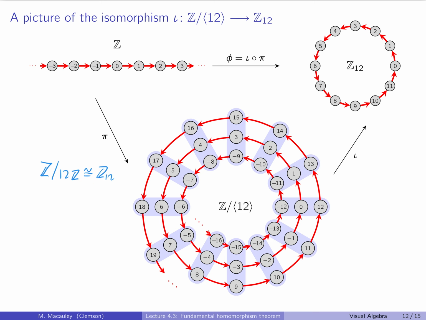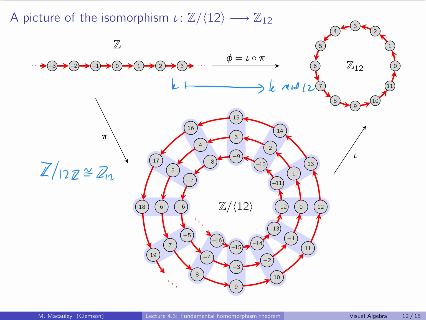So if we have a homomorphism from Z to Z12 defined by sending k to k mod 12, then the kernel of that homomorphism are the multiples of 12. And if we quotient out by that kernel, we get this picture here. And this has the same structure as Z12 via this relabeling isomorphism.